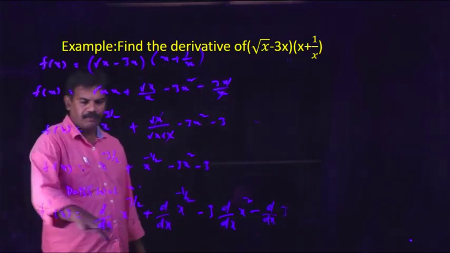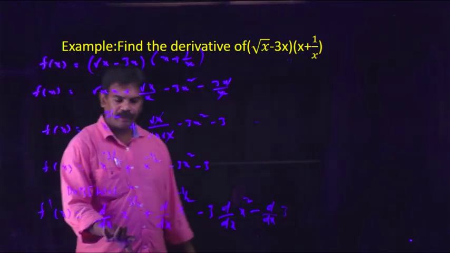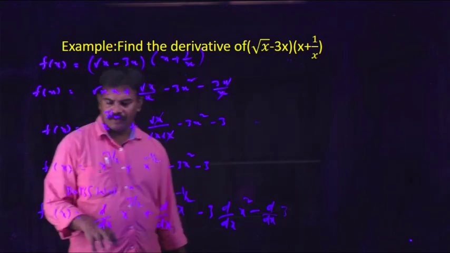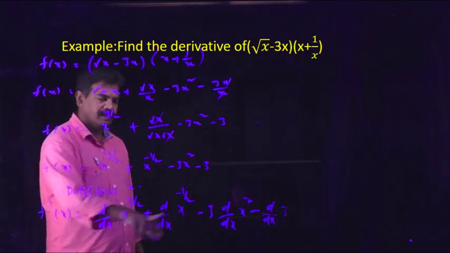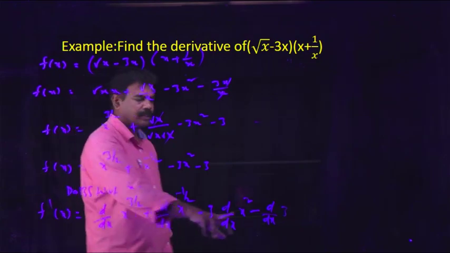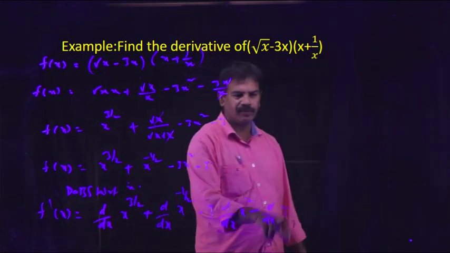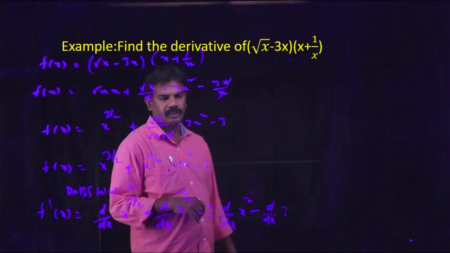Already we know that for every term we have the formulas. This is in the form of x^n, this is also x^n, this is also x^n. This is a constant, and we know the derivative of a constant is 0.